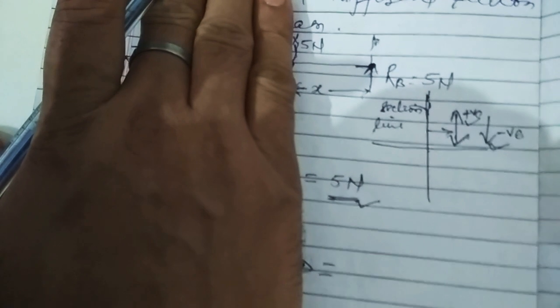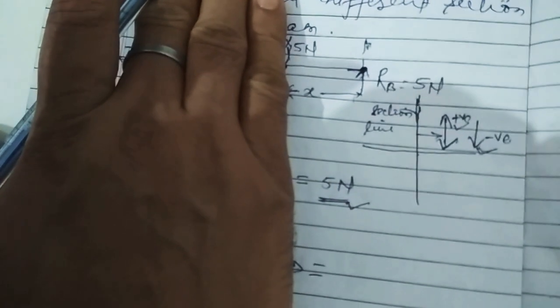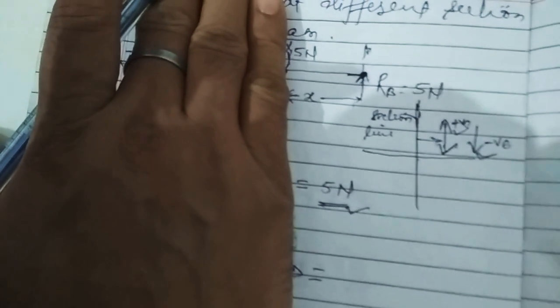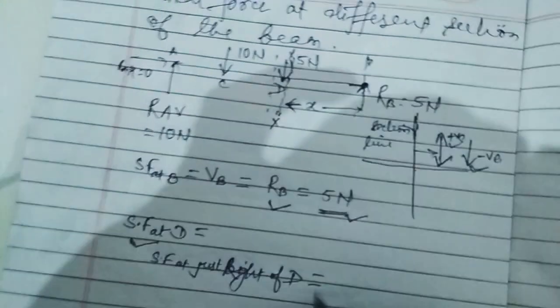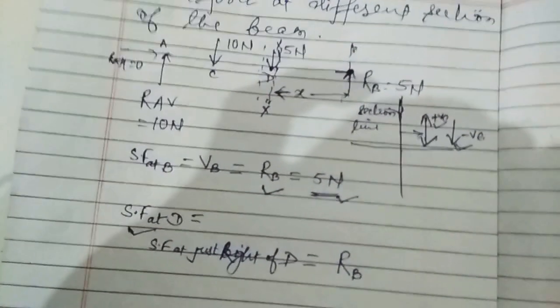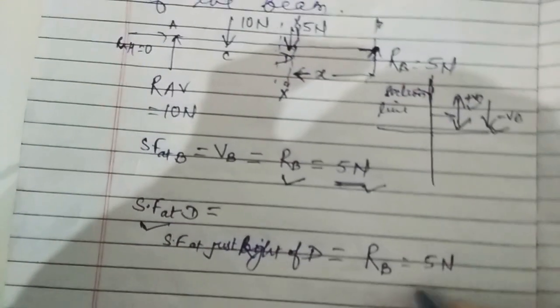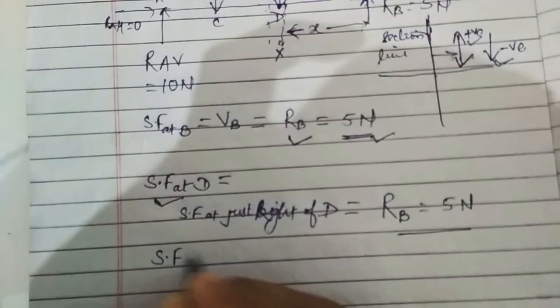We are standing here. The sum of all the vertical forces is RB only, and it is acting upward. So this is the value of shear force just before the D point, that is 5 Newton, which is positive, right?